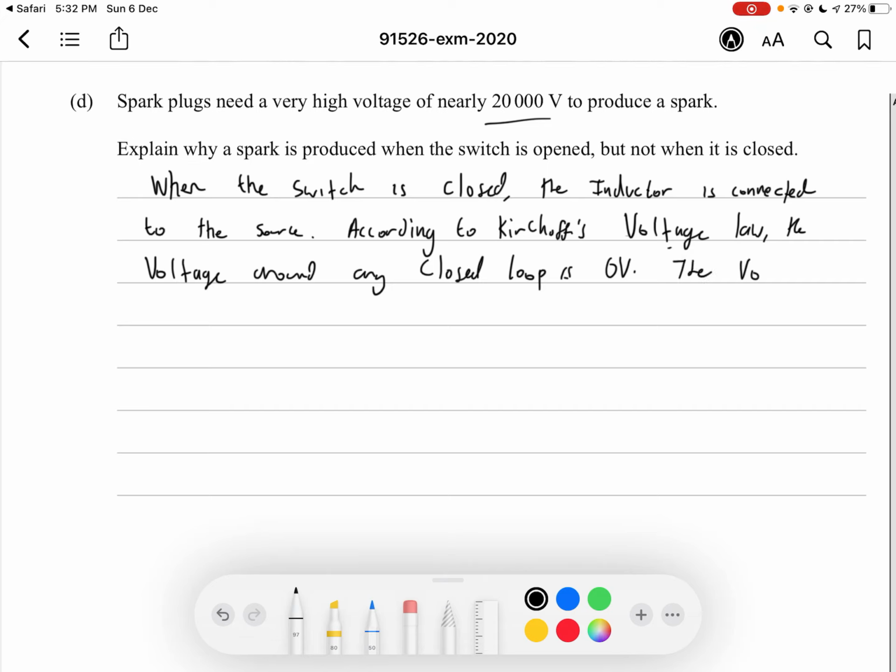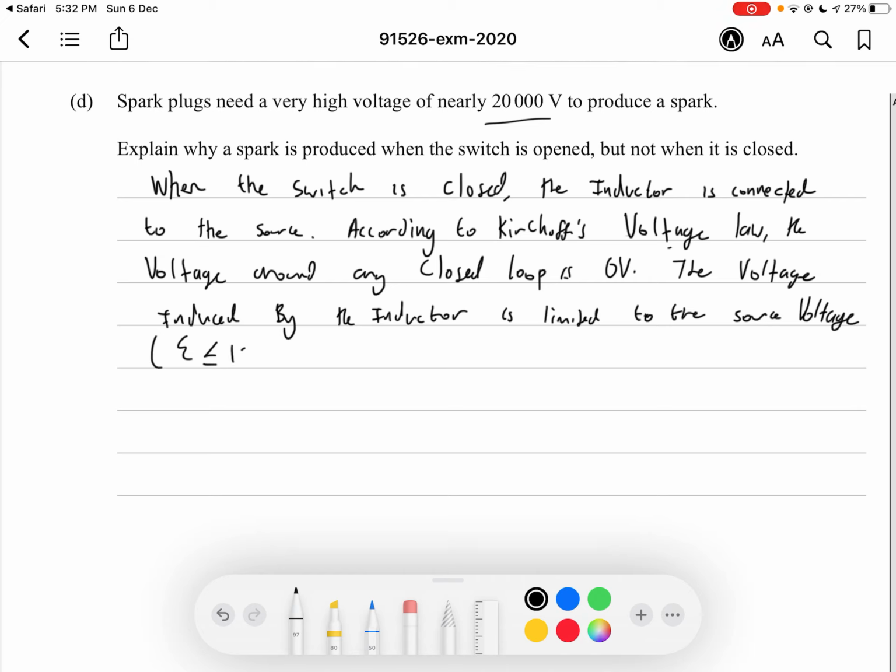So therefore you can say that the voltage induced by the inductor is purely limited to the source voltage, so the E must be less than or equal to 12 volts, okay? So this is obviously a lot less than 20,000 volts to produce a spark.